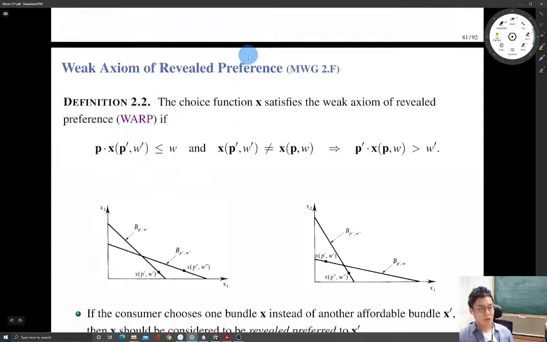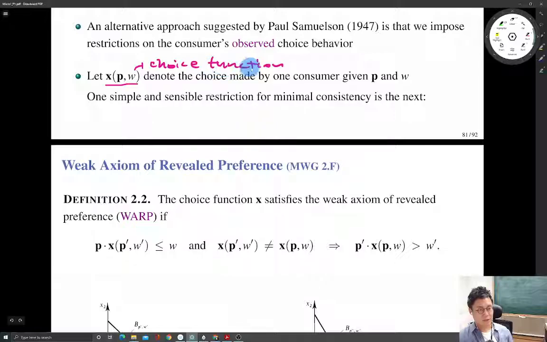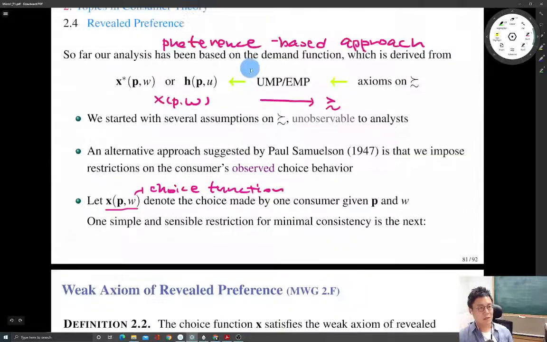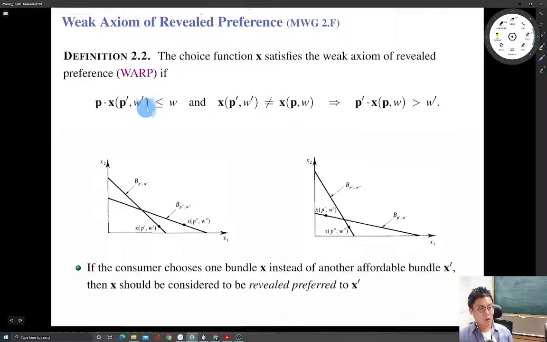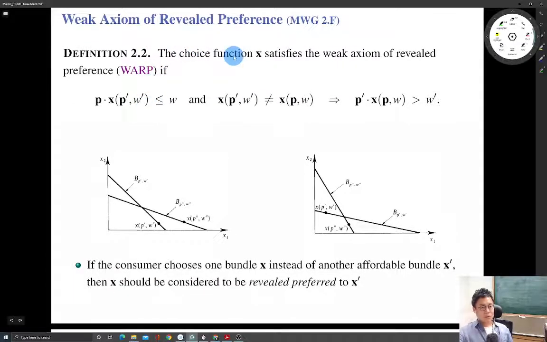So once again, we are going to make an assumption on the choice function. Okay? That is different from the Walrasian demand. So we say the choice function x satisfies the weak axiom of revealed preference, in short, WARP, if the following statement holds. Okay, and in this statement we have two different levels of price vectors and two different levels of wealth.